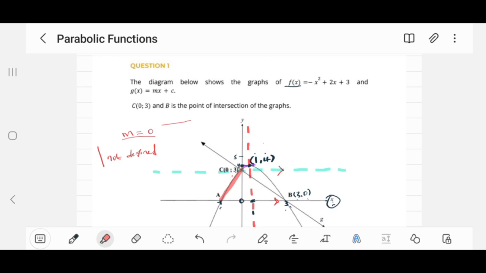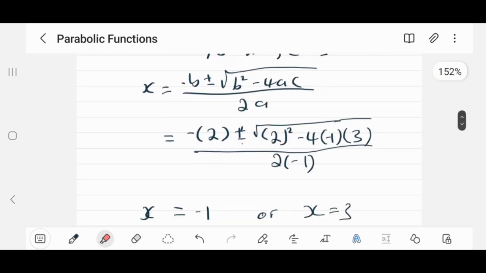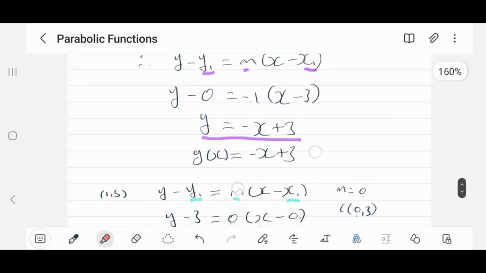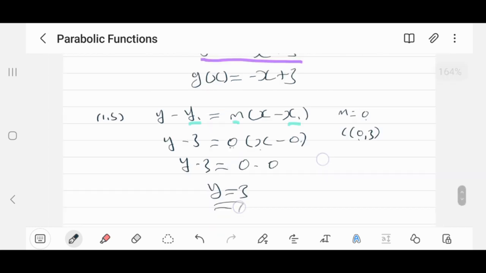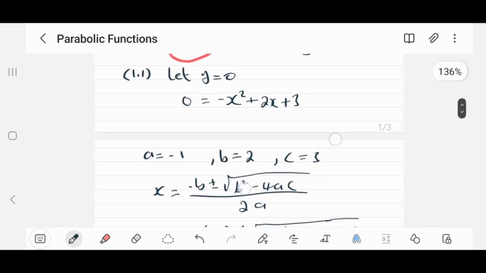So point A, we have the coordinates -1 and 0. So now we are answering 1.6. Point A is (-1, 0). Point C is (0, 3). I got it right there.